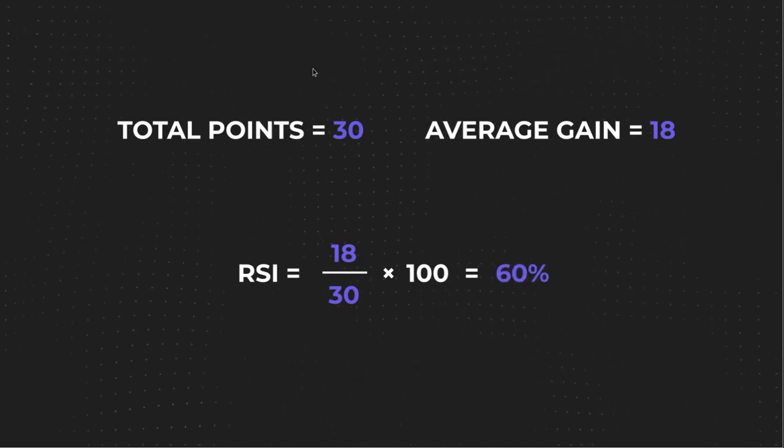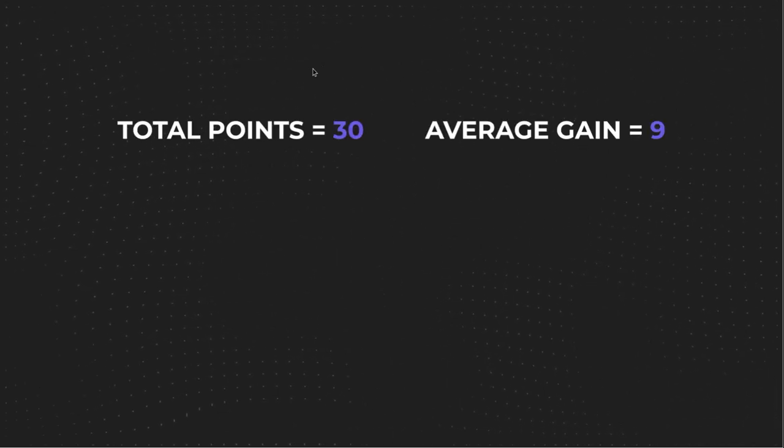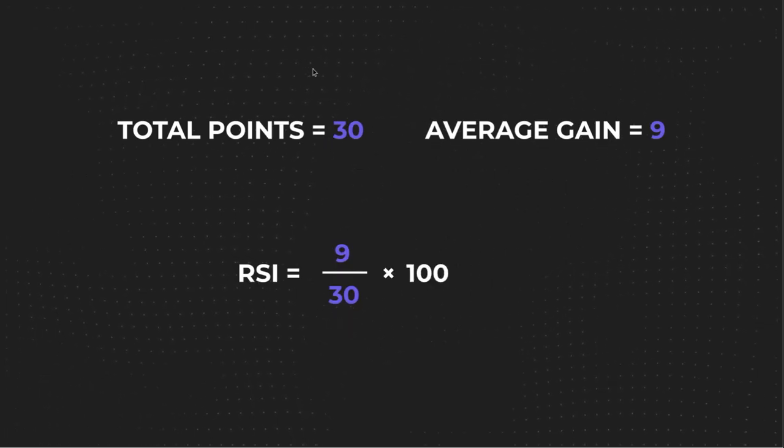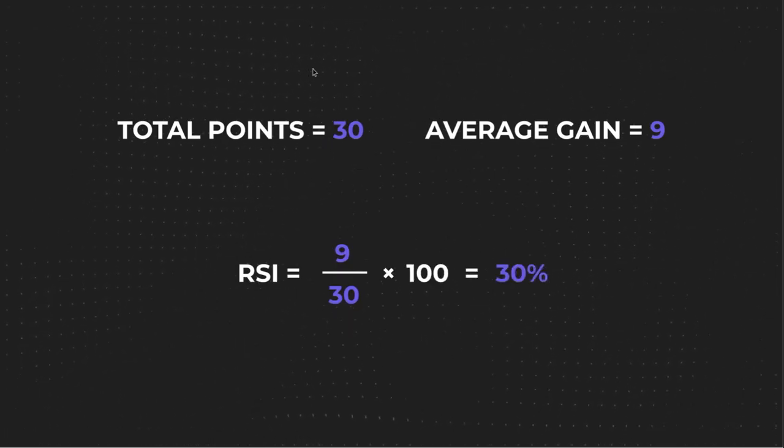That means out of the total movement of 30 points, 60% of the gains are positive. When you are looking at the same point wherein total points are 30 and average gain say is 9, the RSI value comes to around 30%.